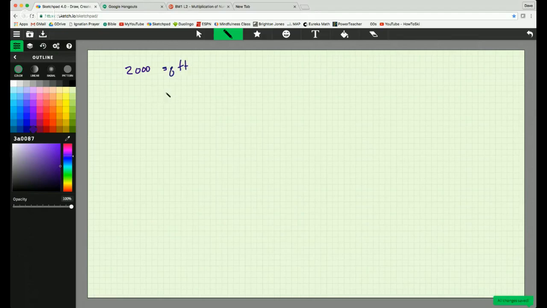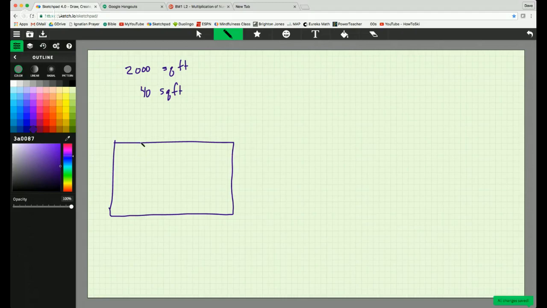And every student gets 40 square feet. So I have this big lot of 2,000 square feet. And each student gets a 40 square foot block to, whatever, play in.